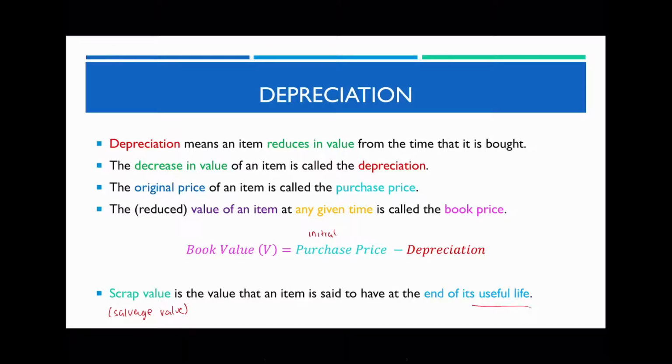So in that case, that car is considered to be useless. The scrap value or the salvage price is the price at which a company can still make some decent profit, but after that point companies don't make any profits anymore, so there's no point continuing to make that product, so they either recycle it or they just sell it at a really dirt cheap price just to get rid of it.